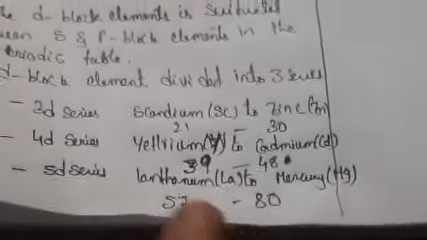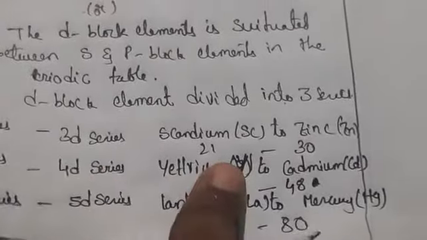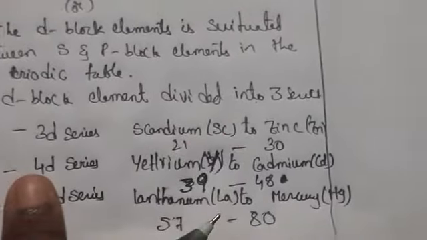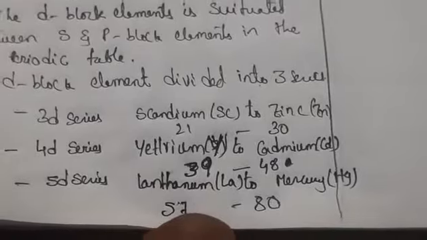So these are the three series. One is the 3d series, scandium to zinc. The 4d series, yttrium to cadmium. The 5d series, lanthanum to mercury.